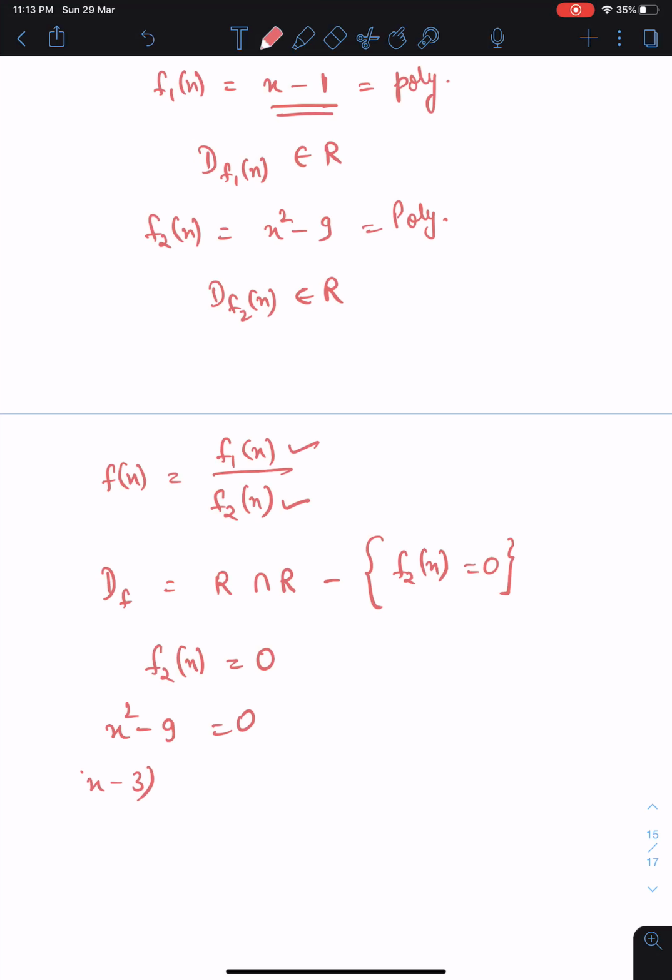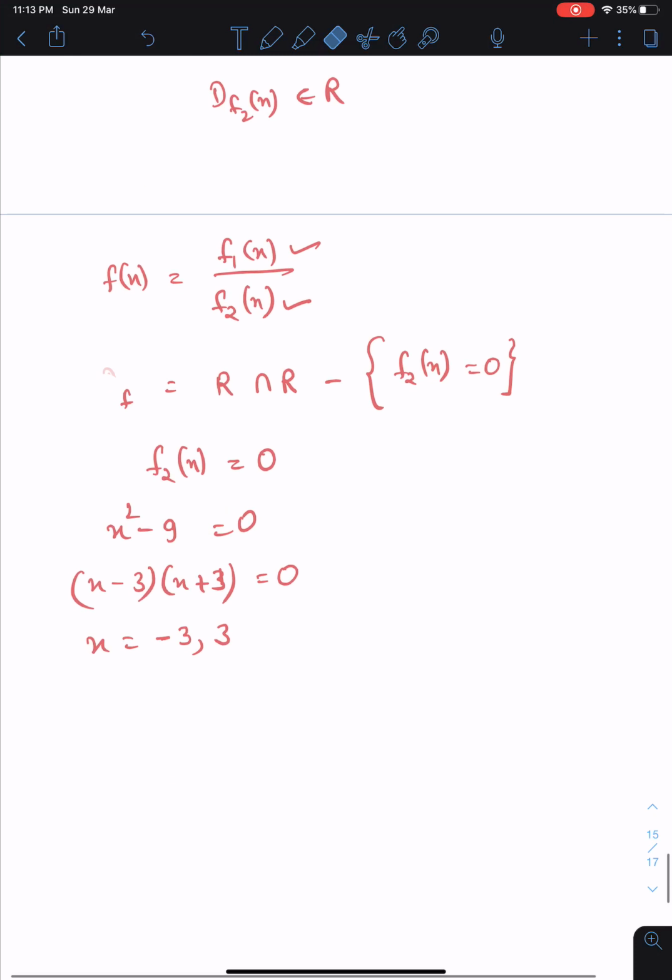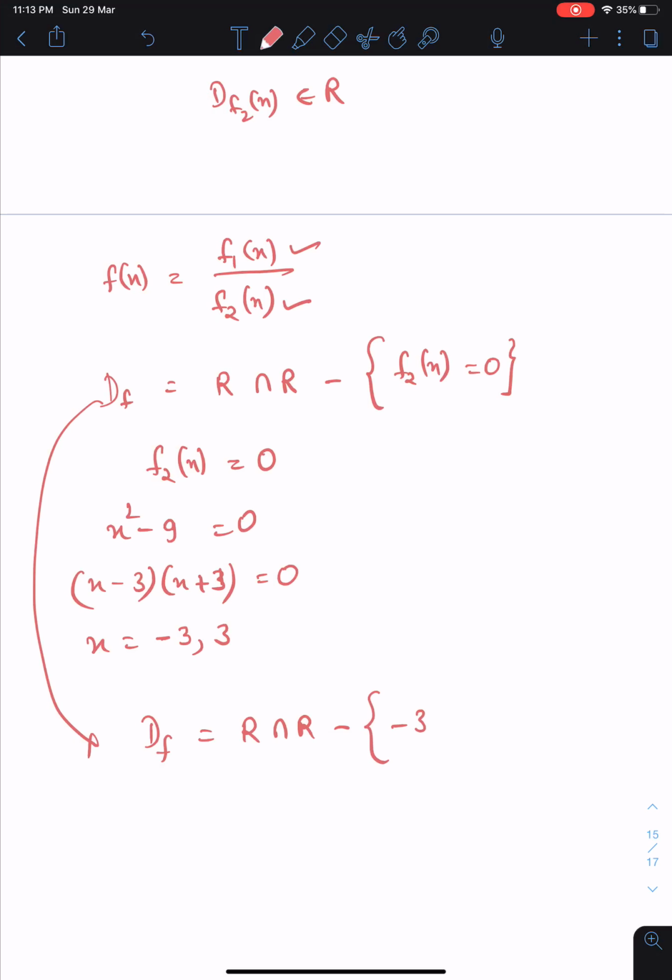Factorize it with the help of a square minus b square, you will be getting (x minus 3) into (x plus 3), which is equal to 0. So you got x is equal to minus 3 and x is equal to 3. So from here you can say that the domain of the function will be R intersection R minus, subtract these two values.